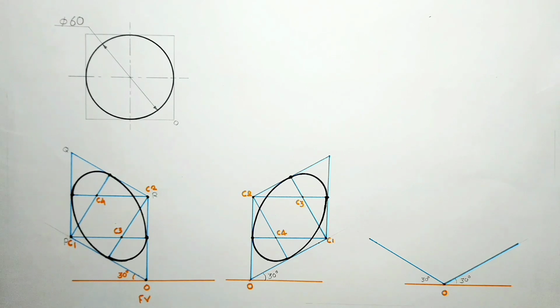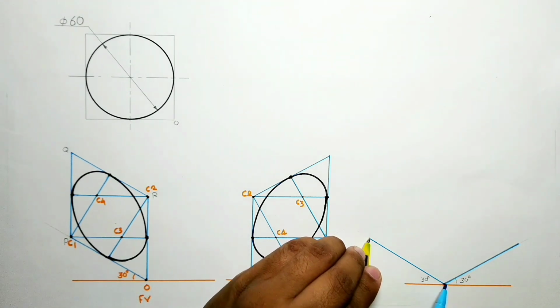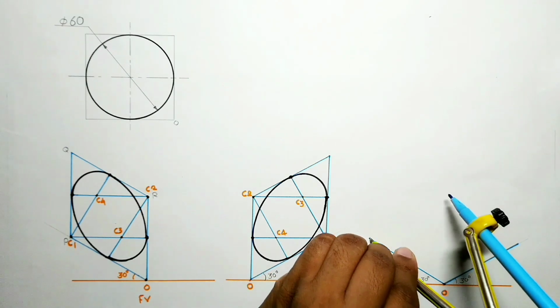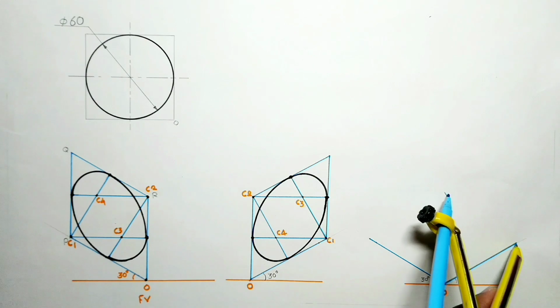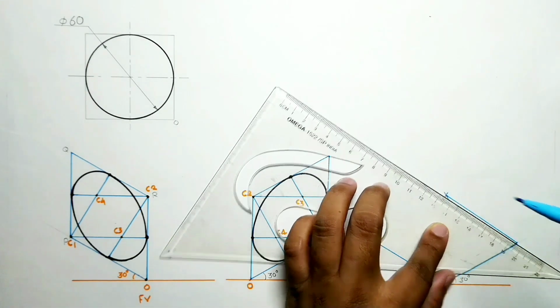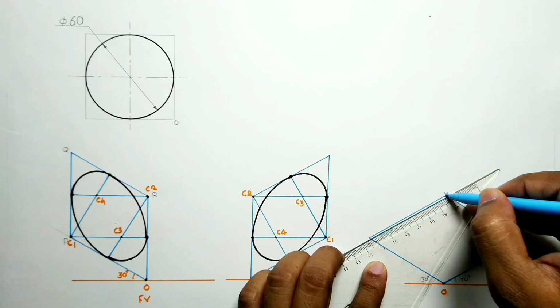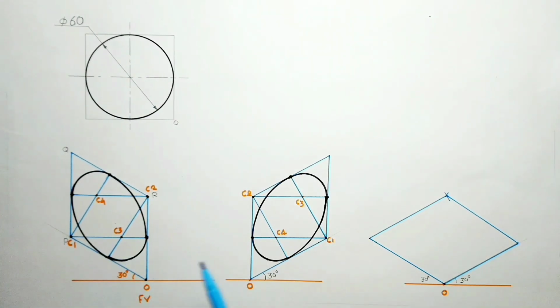Now to complete this square, take the compass, take the distance 60 mm, mark the arc over here, mark the arc over here, so that we will get this point. So this is the square visible in the front view, in side view and in top view.